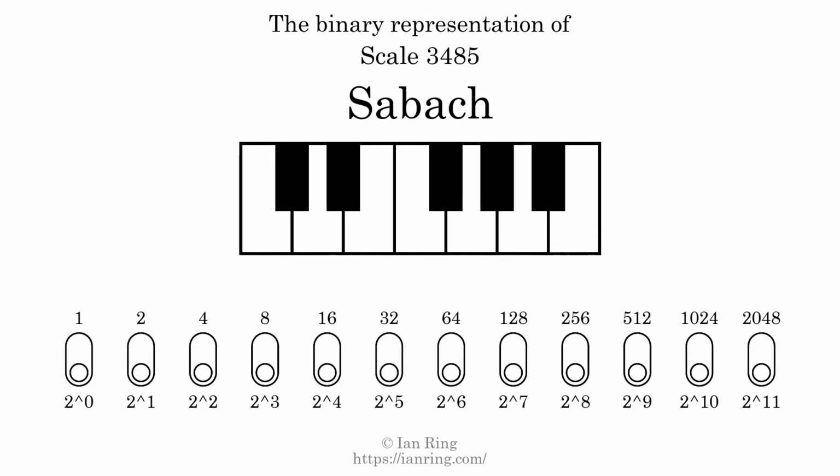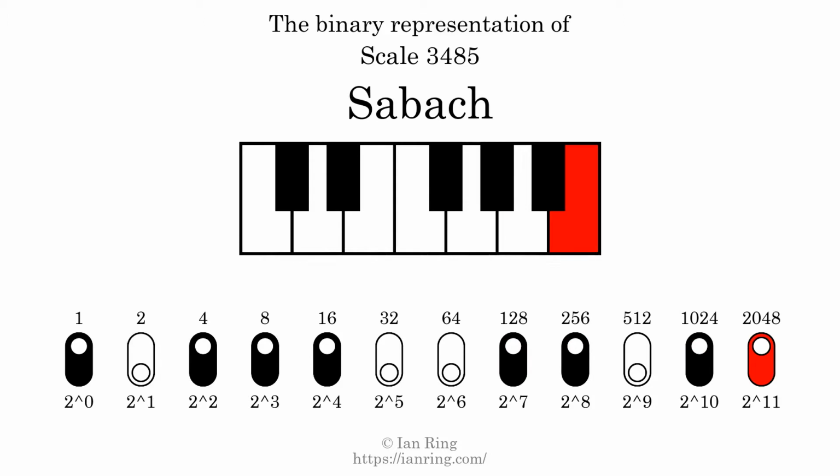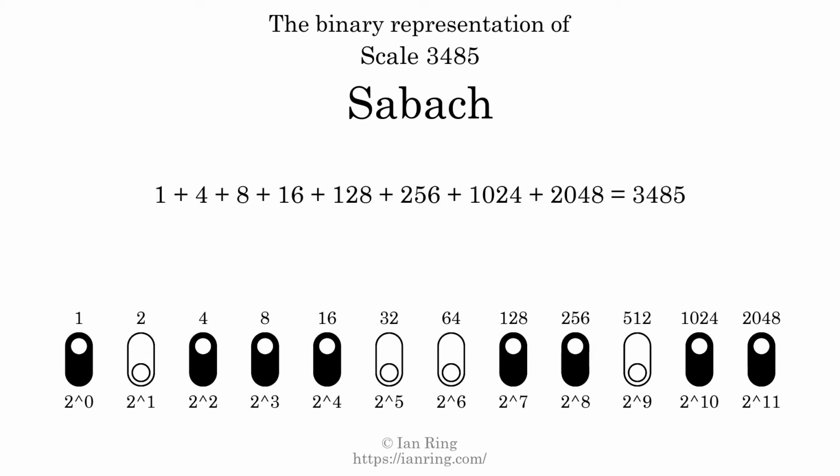The binary representation of this scale is determined by mapping tones of the scale to binary digits. Each binary digit represents a power of 2. To get the scale number, we add the powers of 2 together. The powers of 2 that are present in the scale, all added together, equals 3485.